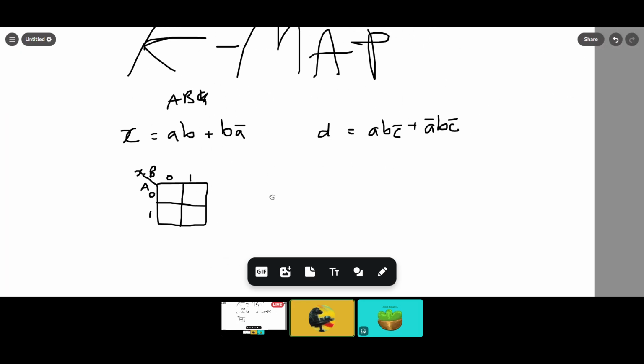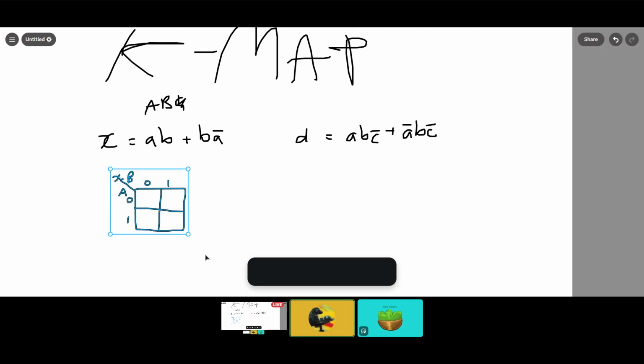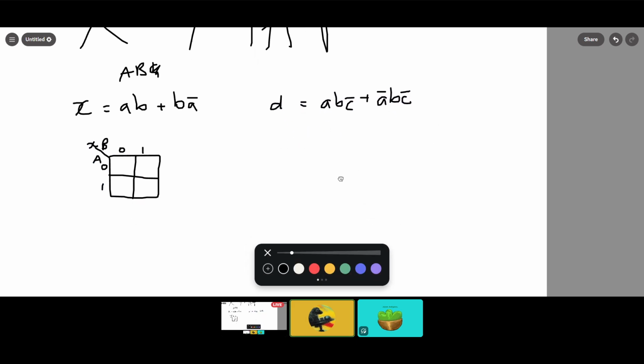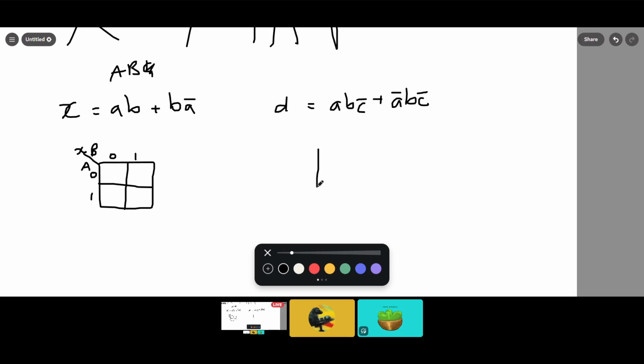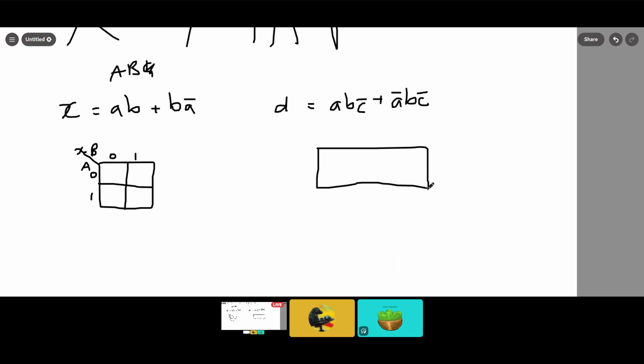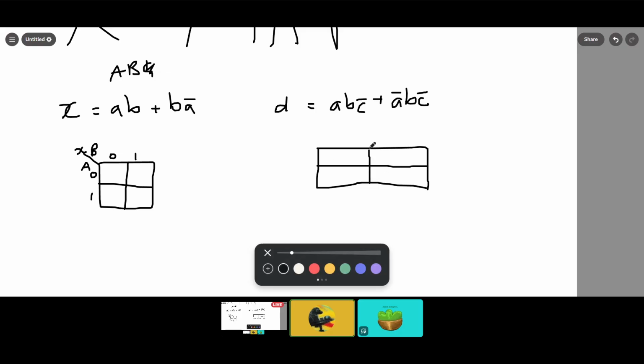Let's move on to three variables. We're still going to draw a grid, but it won't be 4 squares. It will be 8 squares. We are still going to draw this line thing, and we're still going to draw x.